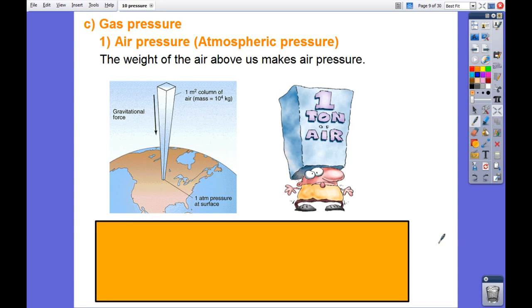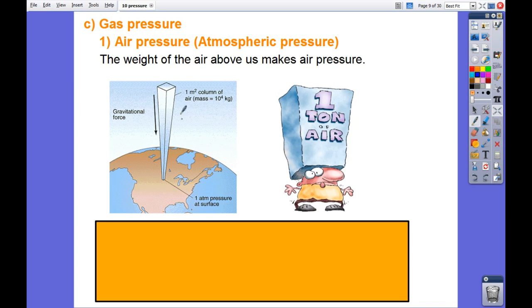First, what is the air pressure, and how does it affect us? Now, the definition of air pressure: actually, the weight of the air above us is what makes the air pressure.